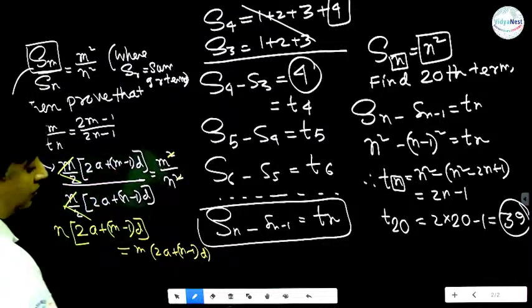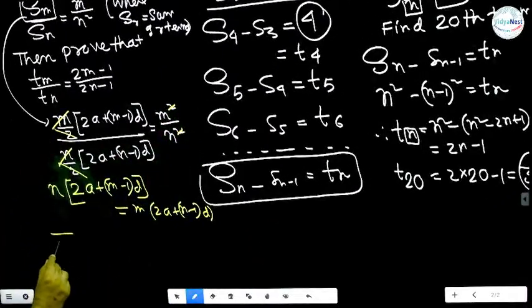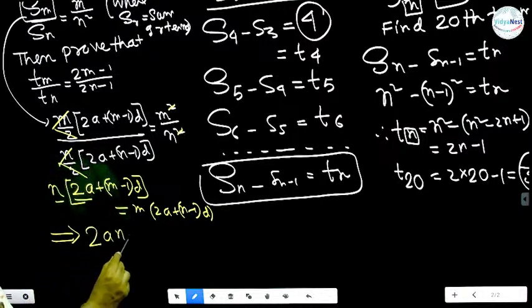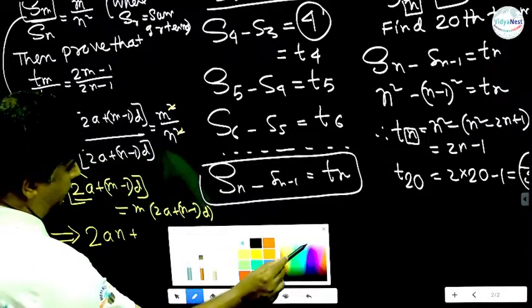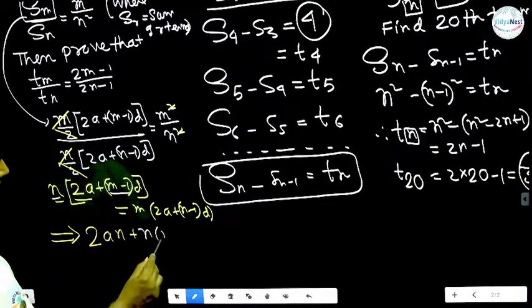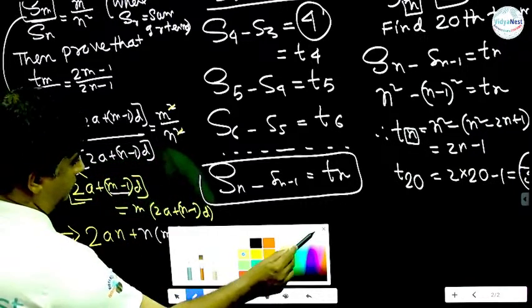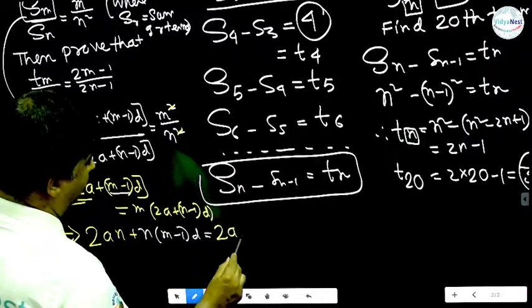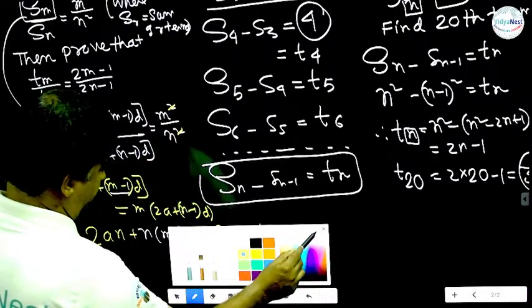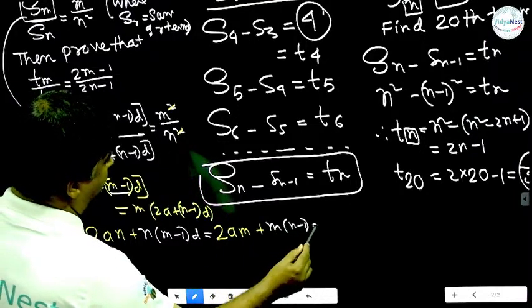So this will give you what? 2a into n, 2an plus n into this, two a into m plus m into n minus 1 into d.